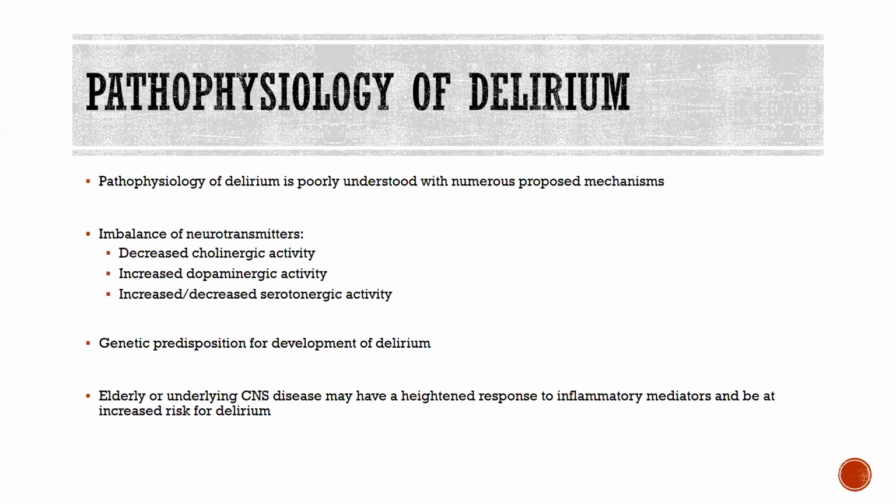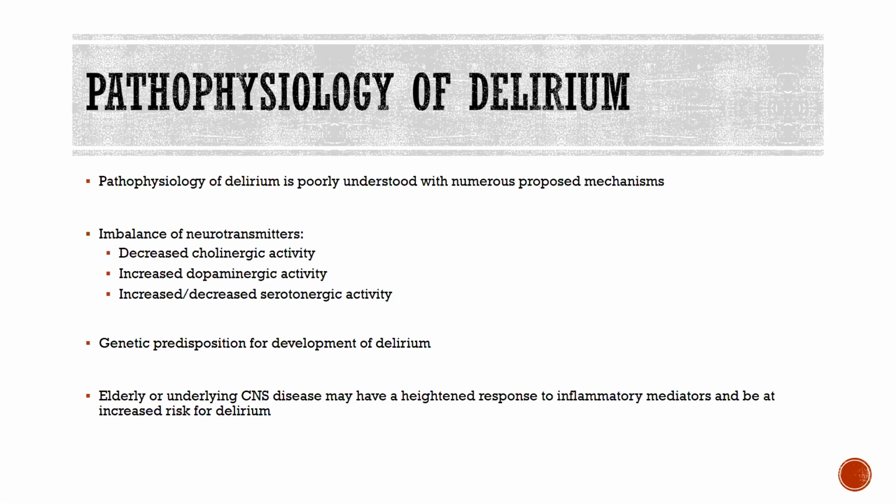And this supports the evidence behind some of the management. Part of the reason why antipsychotics tend to be used frequently for delirium is they target your neurotransmitter imbalance. There also is suggestion, again, of genetic predisposition for the development of delirium.